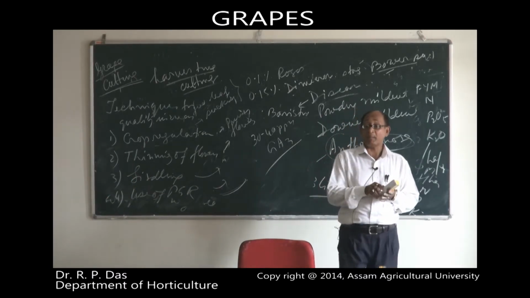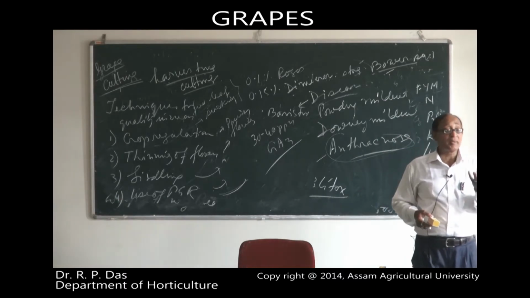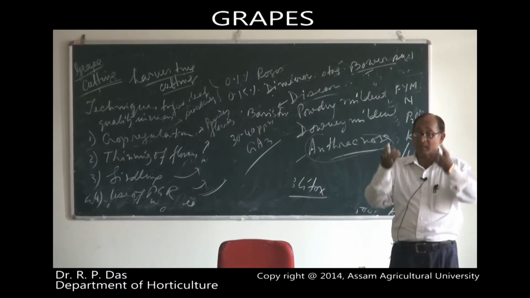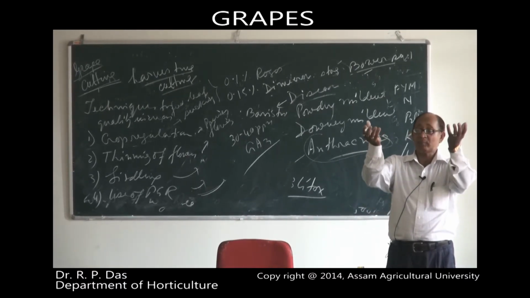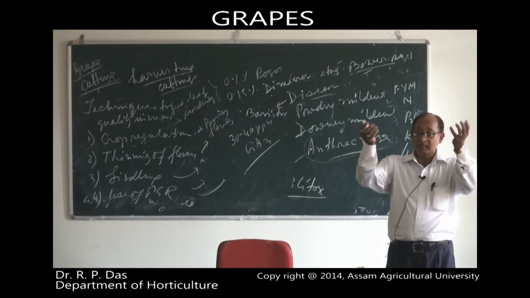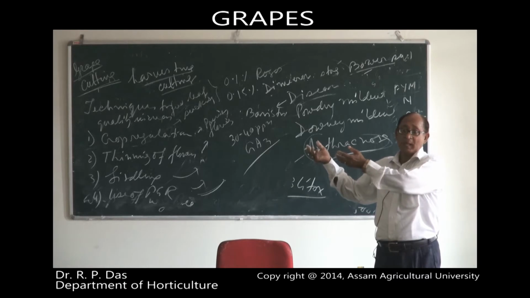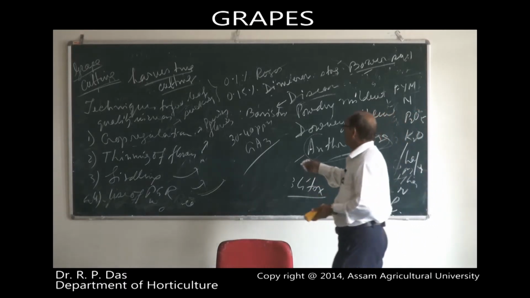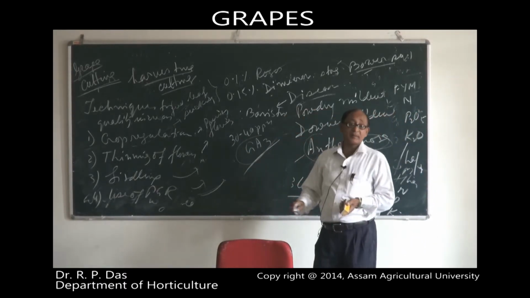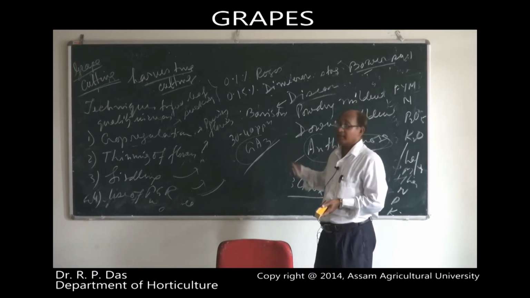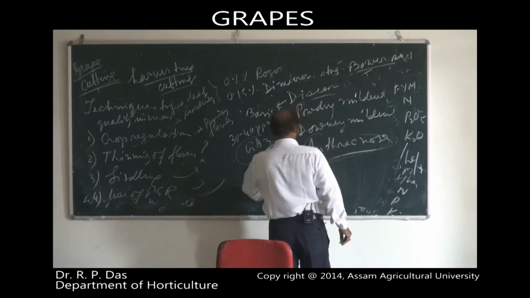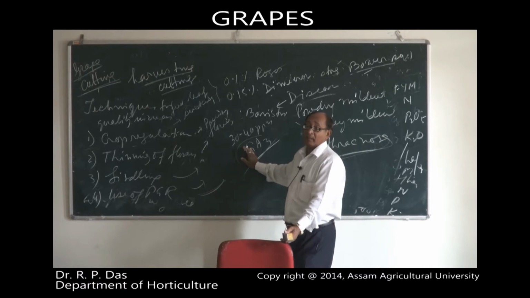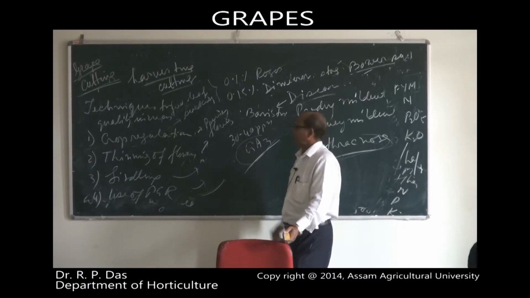Grape growers generally give the containers to children, especially in the Nippon system, Bauer system and telephone system, because the bunches are hanging. Just dip for 10, 15 seconds, then jerk it, then again the same with the other bunches until the containers are empty. Then take another solution, and in this way you have to apply. Here no spraying, only you have to dip the young bunches 1 month after fruit set.